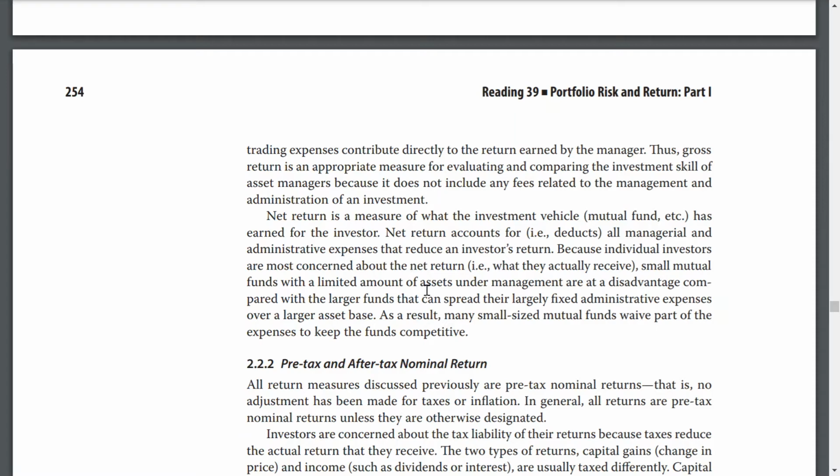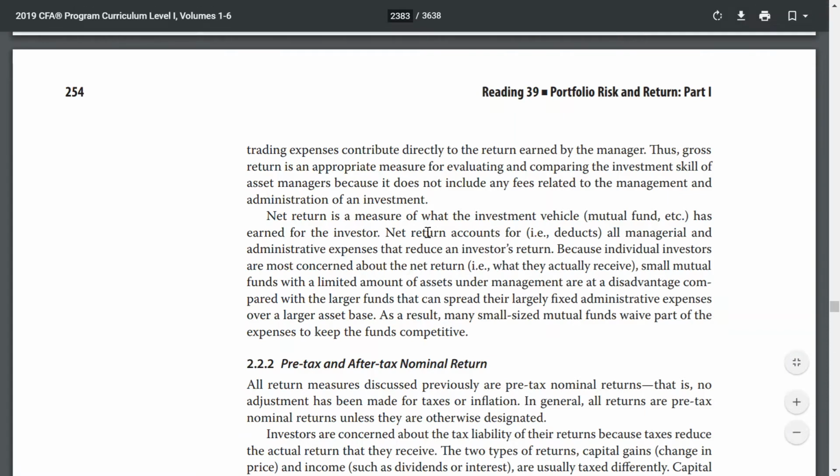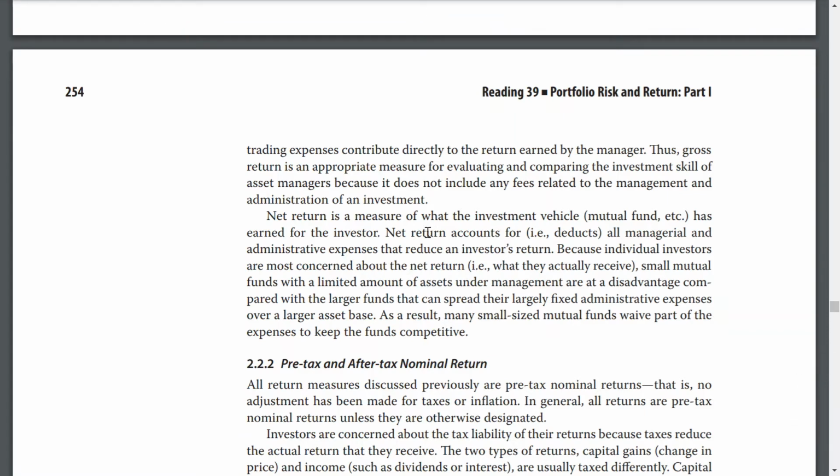Net return accounts for all managerial and administrative expenses that reduce the investor's return, because individual investors are most concerned about the net return. Some mutual funds with limited amounts of assets under management are at a disadvantage compared to the large funds that can spread their largely fixed administrative expenses over a larger asset base. As a result, many small mutual funds waive parts of the expenses to keep the funds competitive.